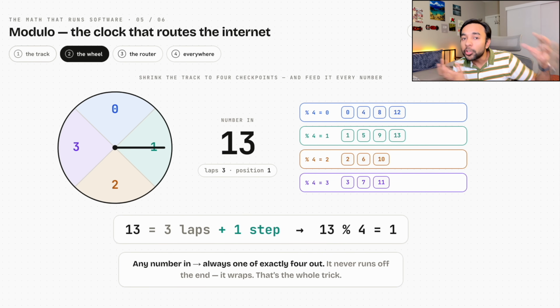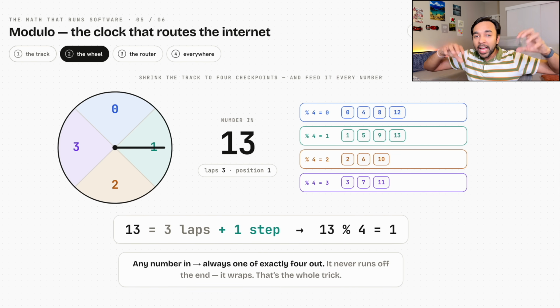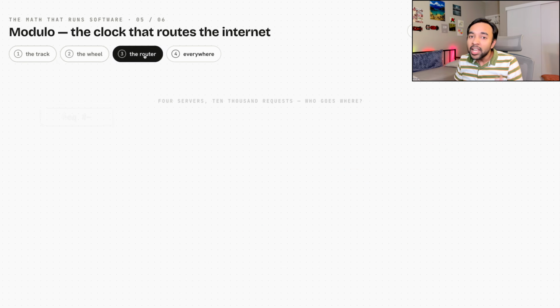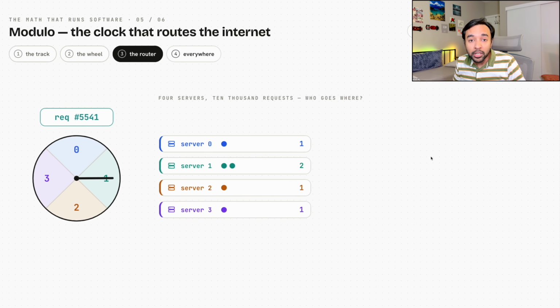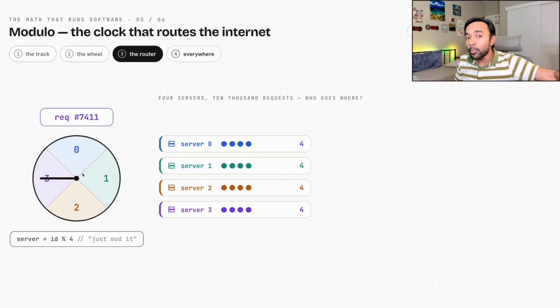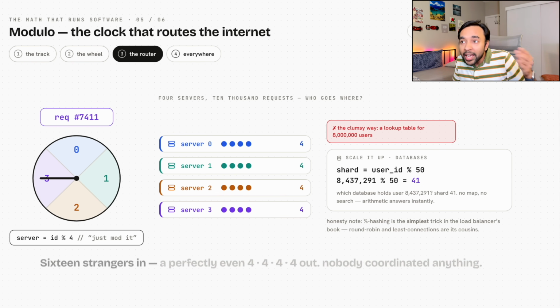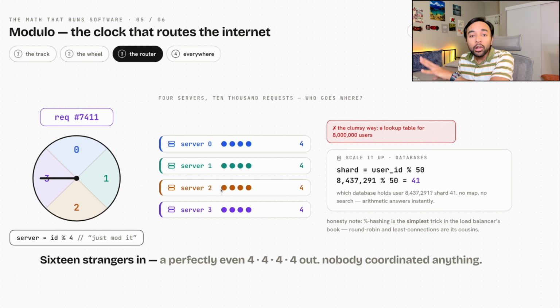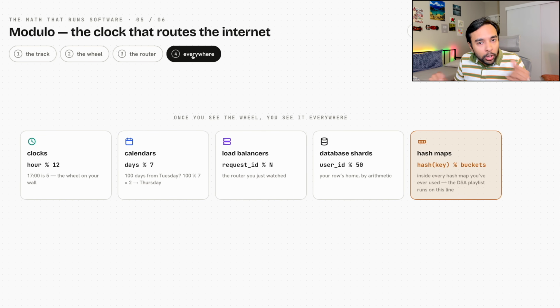Modulus means you take the track or whatever thing you're trying to distribute and divide it amongst equal segments. So, for example, if you have a load balancer or a router, it keeps on taking requests as they arrive. It moduluses it by a certain value and distributes it to all of the servers in an equal fashion. And it is used almost everywhere.